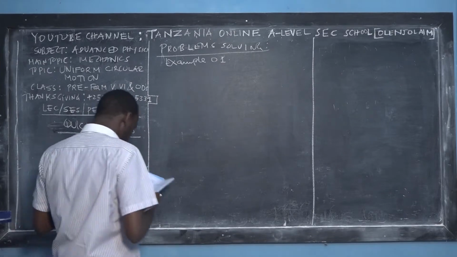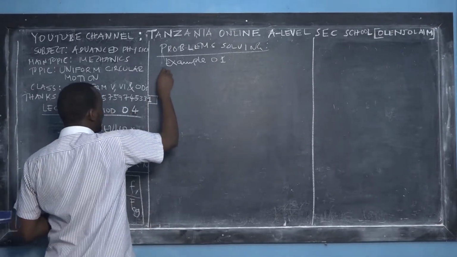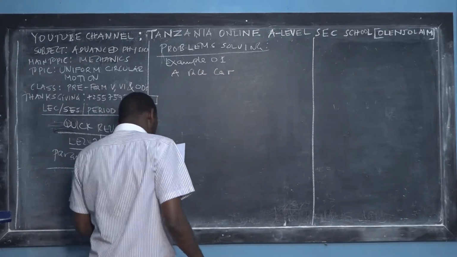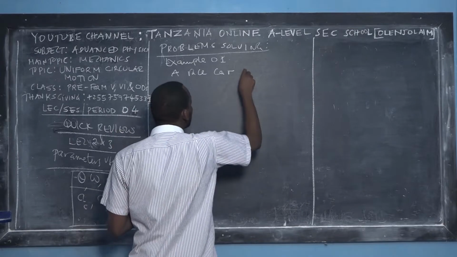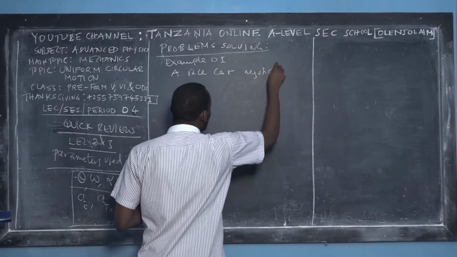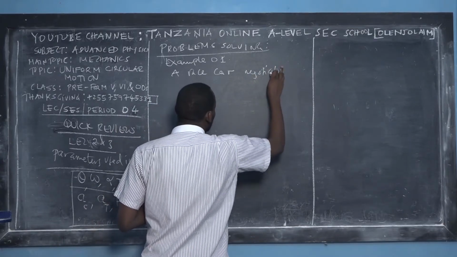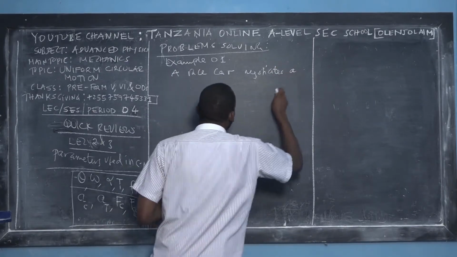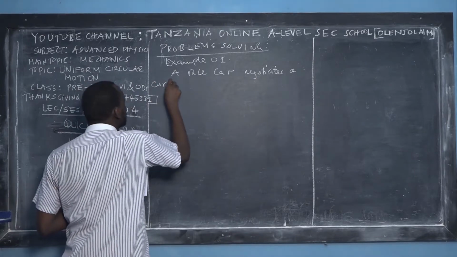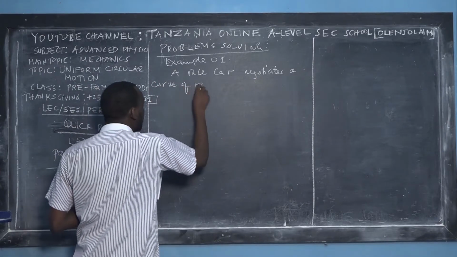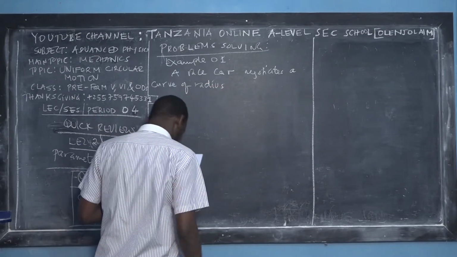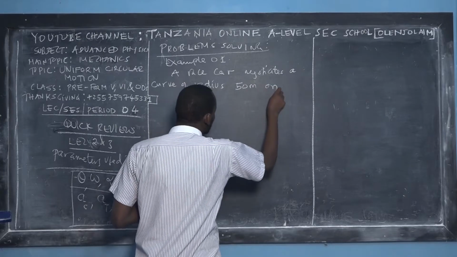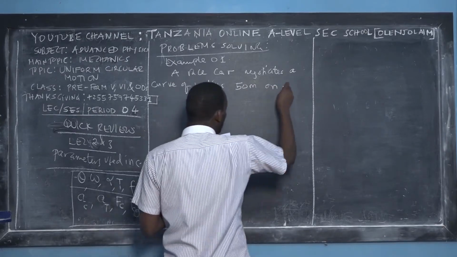In example 1, a race car, I used to watch them online, negotiates a curve of radius 50 meters on a flat road.